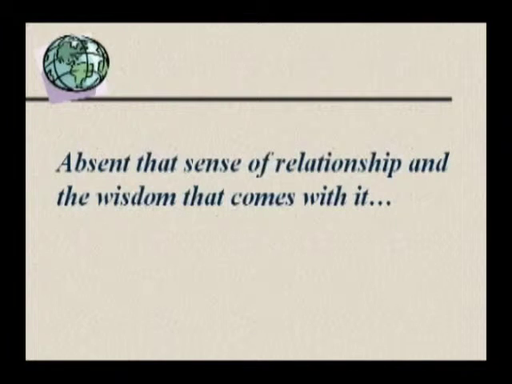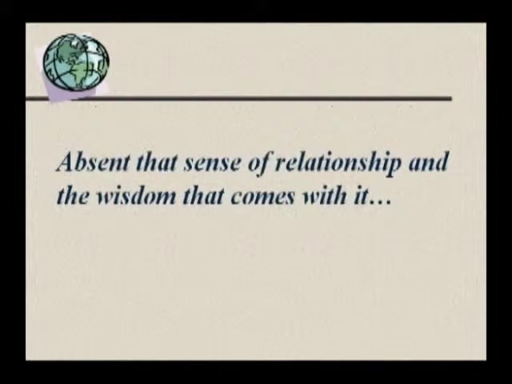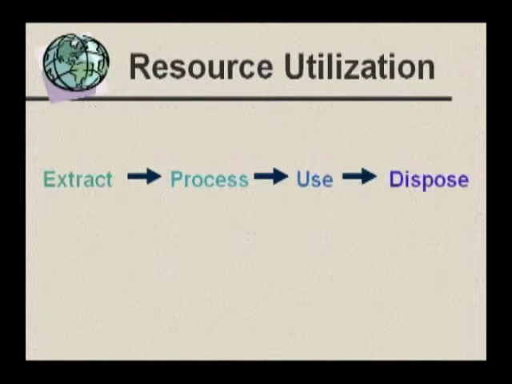In the absence of a sense of relationship and the wisdom that comes with that, we have typically used our resources in a linear fashion. We extract the resources, we process those resources, we use those resources very often in a one-time use, and then we dispose of those resources.